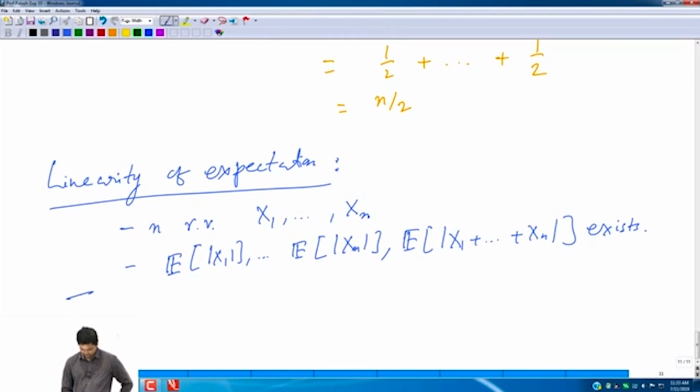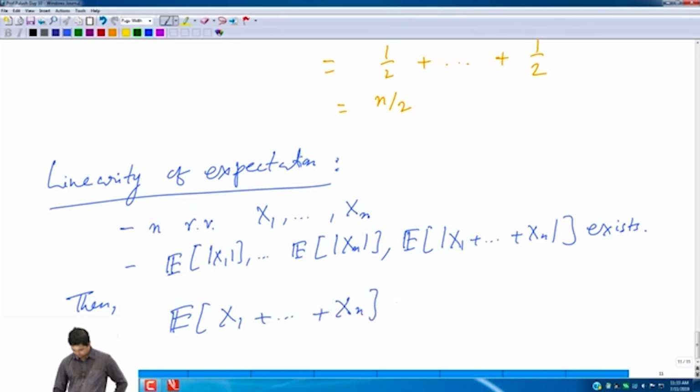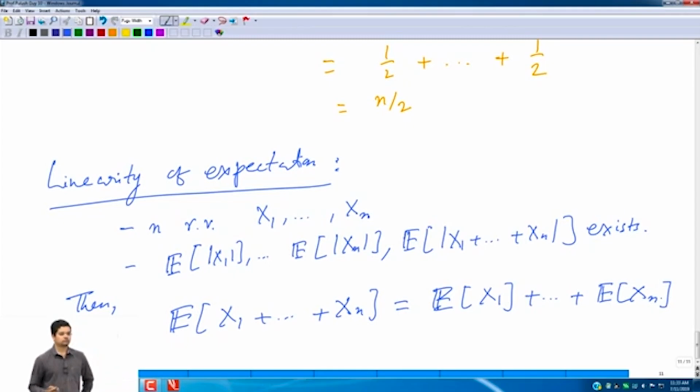Then what happens is that the sum gets pushed inside.